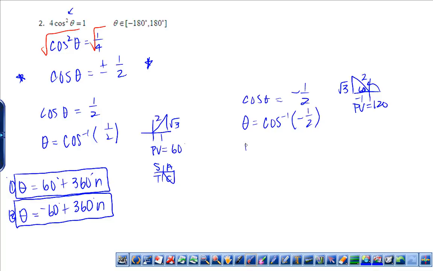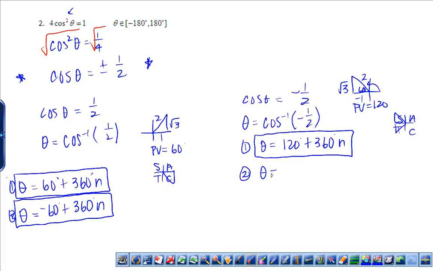Okay, let's see. Theta is going to be equal to 120 degrees plus 360n, and that is your first general solution. I'm going to say this is equivalent to -120 degrees plus 360n. And again, if you don't like the negative version, it's fine for you to say 120 plus another 120, and you can say that's 240 for your other general solution.